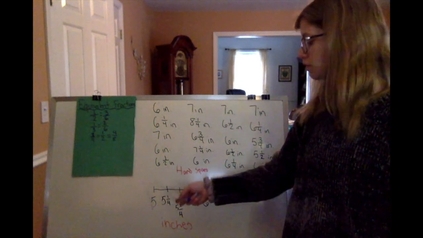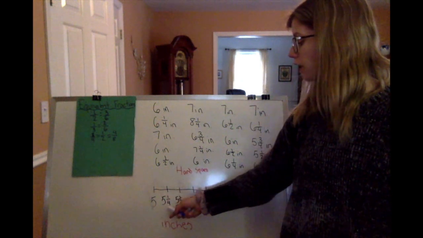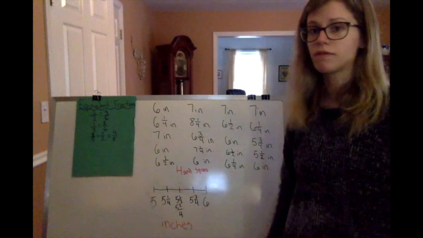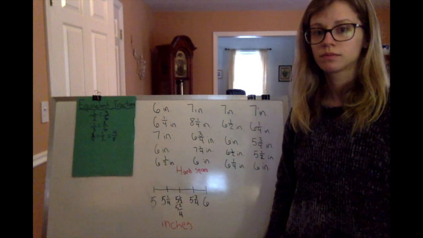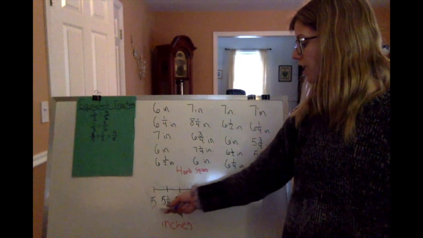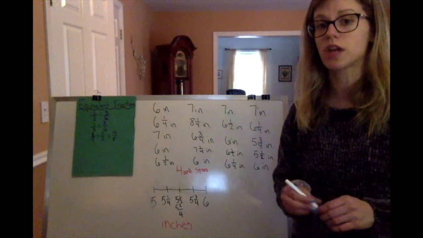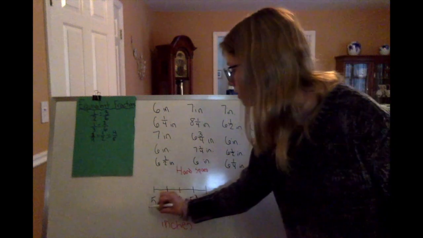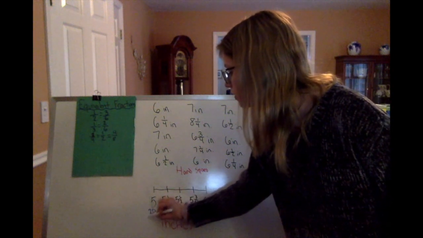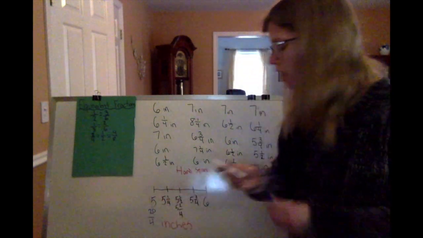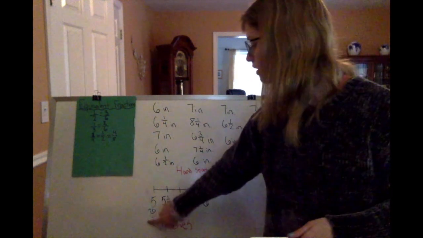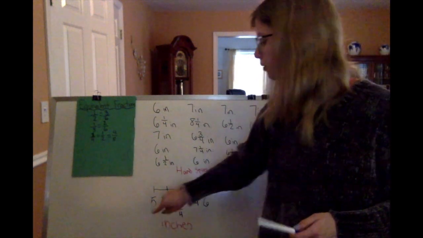So a mixed number has both a whole number and a fraction, like 5 1/4. Or 5 1/2. I have my whole number and my fraction. That's how I want to be making sure that I do this. Not 20/4. I want to have mixed numbers, so my whole numbers are included.